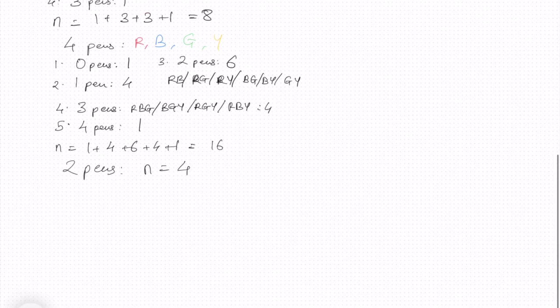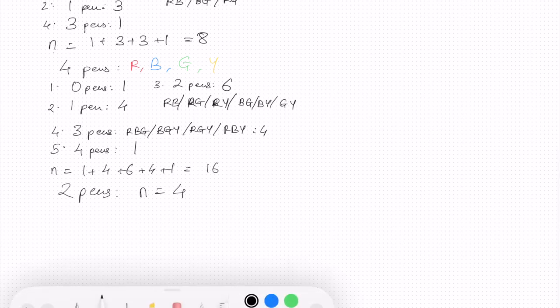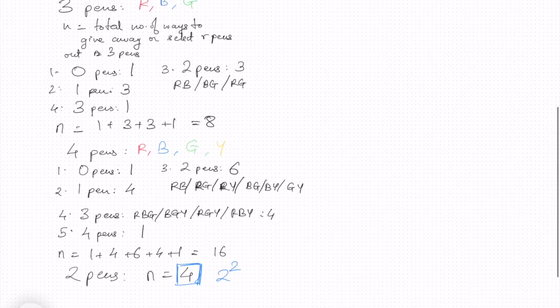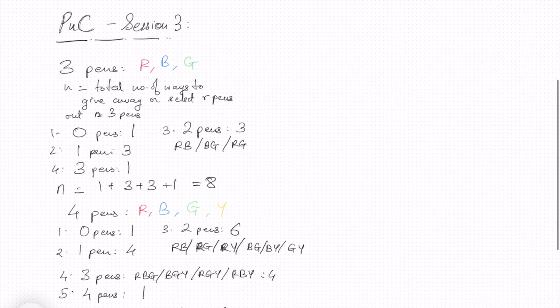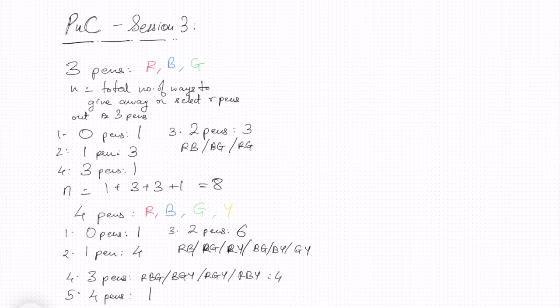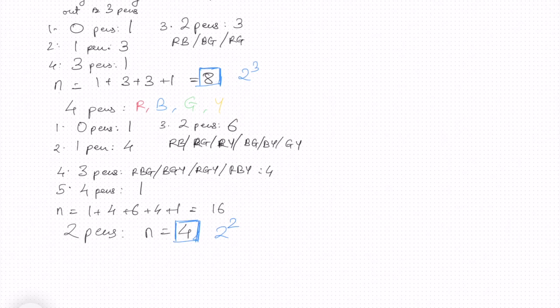Obviously, now you can see a pattern, right? For 2 pens, the total is n equals 4, or we can say 2 square. For 3 pens, n is 8, or 2 cube. For 4 pens, it's 16, or 2 power 4.